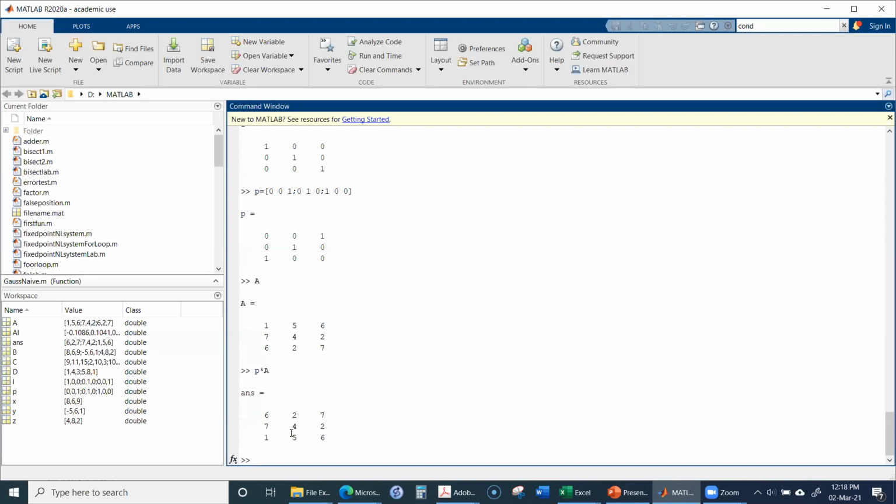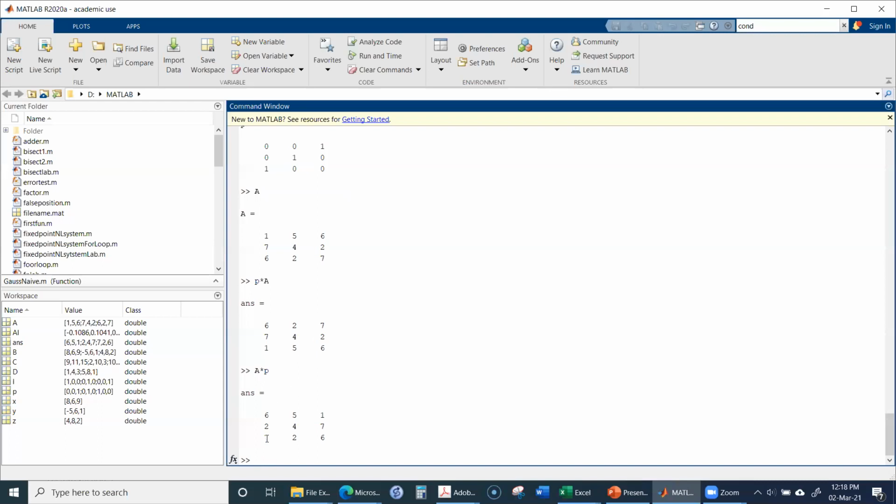Similarly, on the other hand, if you want to interchange the first and third columns, you can do A star P. That means A and then star P. In this case, let's see the result. If you compare it with the previous case, 6 2 7 was the third row; now it has become the first row.